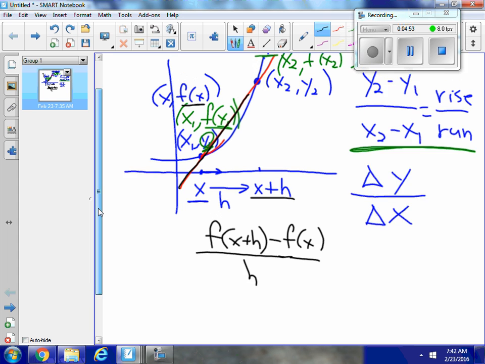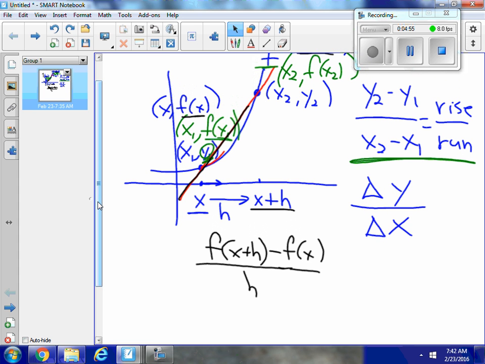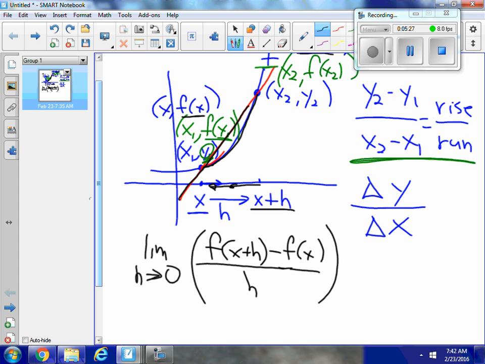Now, if I start moving my x plus h closer to x, I start getting really, really close. And as I do that, this point here starts to come down the function line. And if I do that until h is essentially gone, h becomes 0, I have the limit as h approaches 0 of this, which is our derivative.